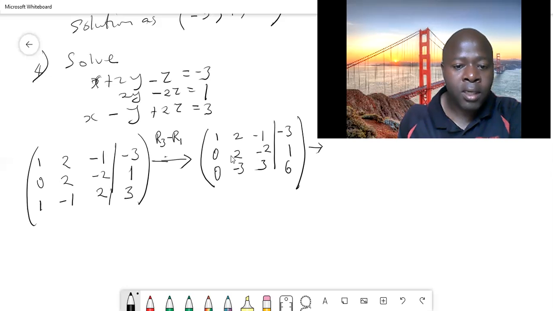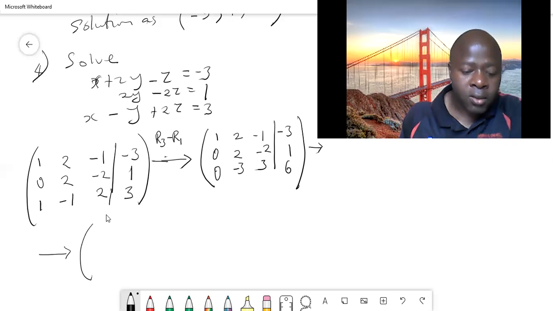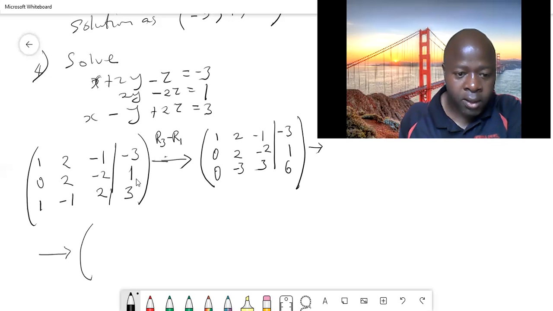So I now want to use this element to create a 0 here. I should multiply this row by 3/2 and then add it to this row, so that we get a 0 in this position. I'm doing it for the entire row. So let's see what we get. The first row remains where it is.